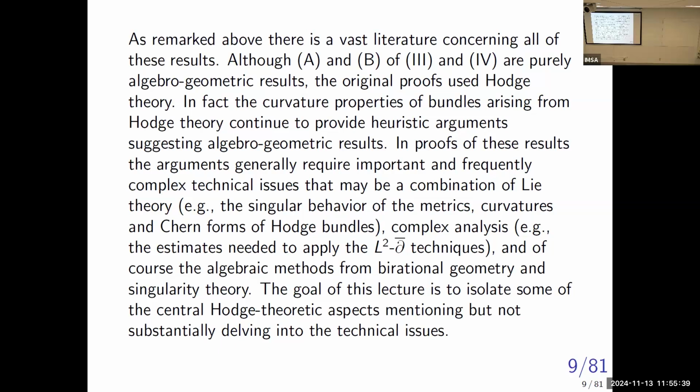So in the proofs of these results, the arguments generally and frequently encounter technical issues involving what happens when the varieties acquire singularities. And that gets into the complex analysis, the L2 D-bar methods, and so forth.